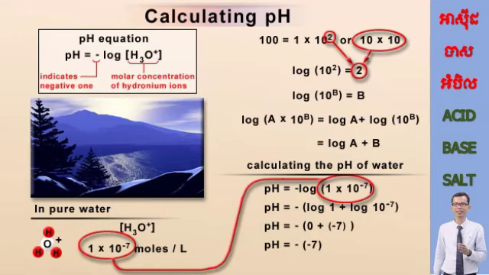The log of the coefficient, in this case 0, is added to the log of 10 to the negative 7th, which equals negative 7. Since pH is defined as the negative log of the hydronium ion concentration, the pH value is 7, because a negative times a negative is a positive.